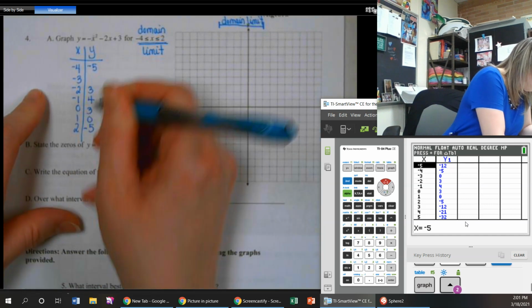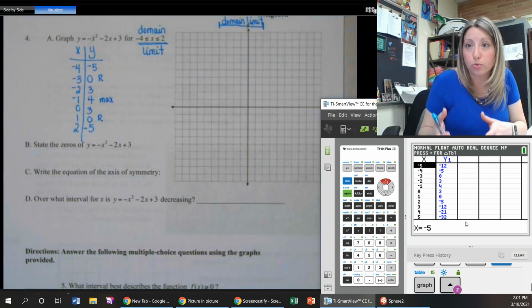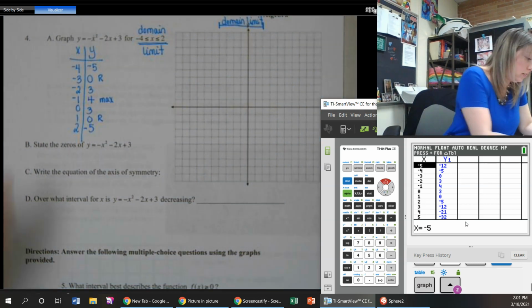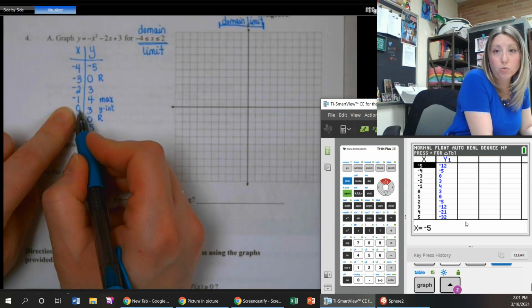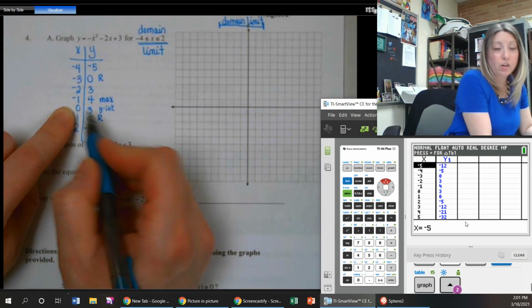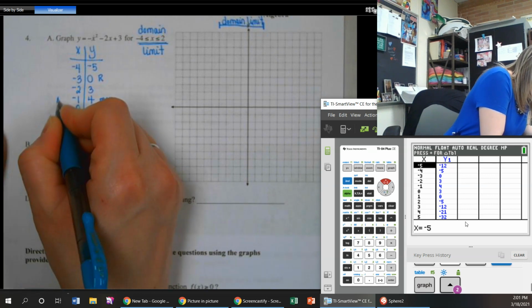And then, of course, you've got the roots where y is 0. Those are the roots where we touch across the x-axis. Here's our y-intercept, which is the only point where x is 0. And, of course, x equals negative 1 is our axis of symmetry.